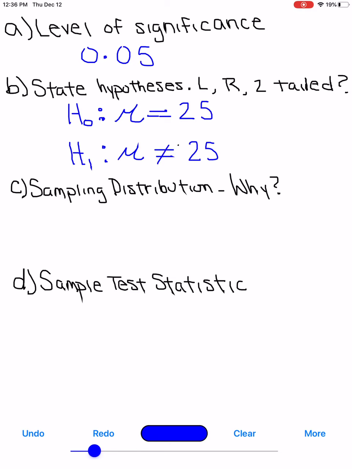Next step is to find the sampling distribution and to explain why you use it. For this one, we will use a standard normal since the population standard deviation is given.